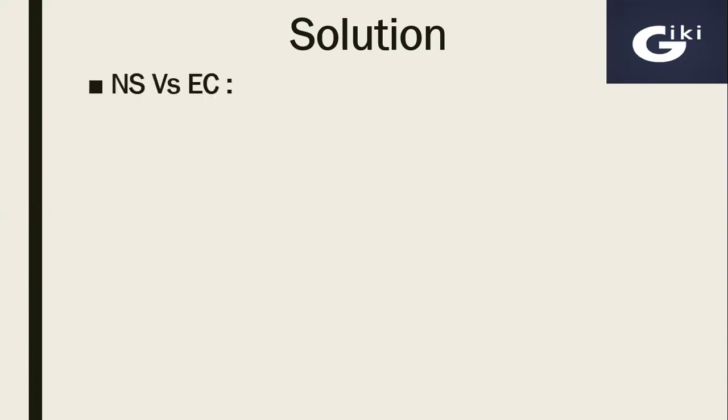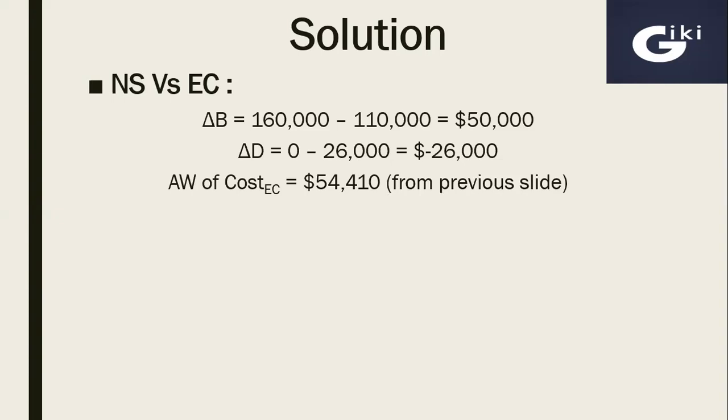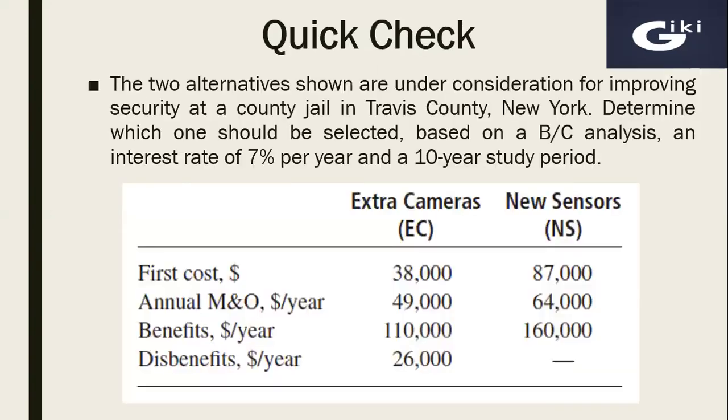Now in that case, we need to perform incremental analysis, and we'll calculate incremental benefits, disbenefits, and incremental costs. We can go to the problem and information given. We can see benefits are given, disbenefits are also given.